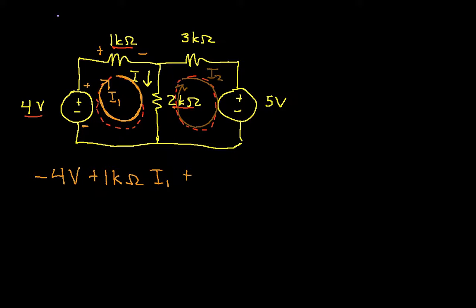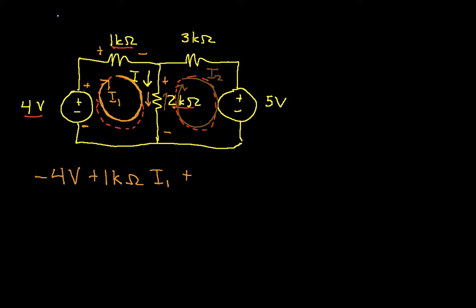Okay, now things get a little weird. I need to find the voltage across the 2K ohm resistor. But the thing that makes it weird is I have mesh current I1 flowing this direction and mesh current I2 flowing this direction. Now clearly, in this case, I1 or I2 are not the actual currents that flow through the 2K ohm resistor.